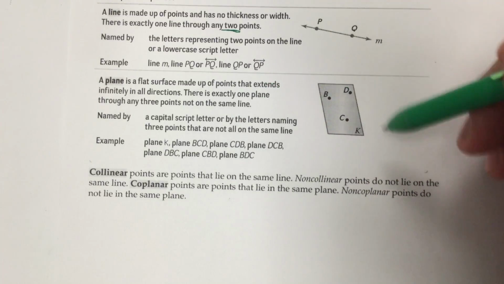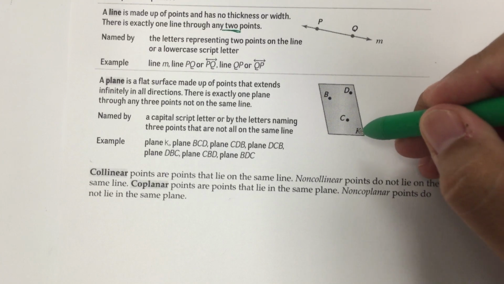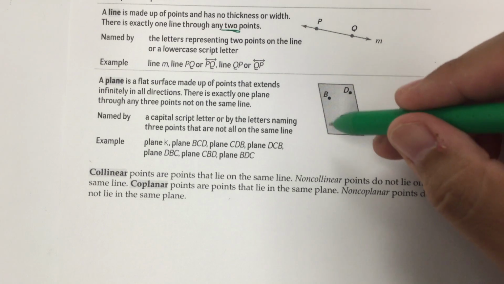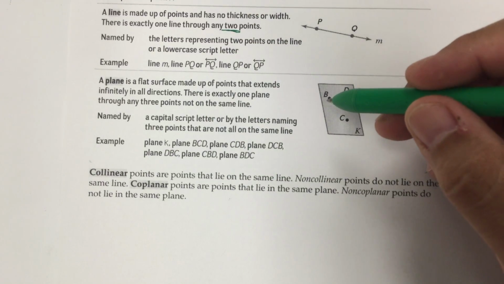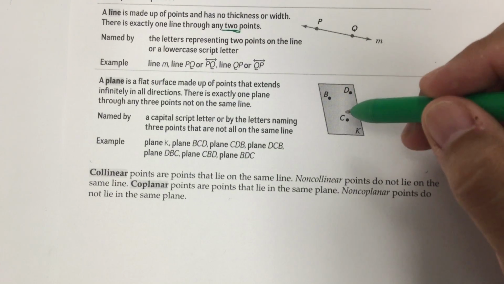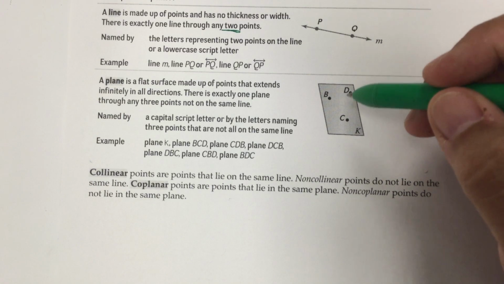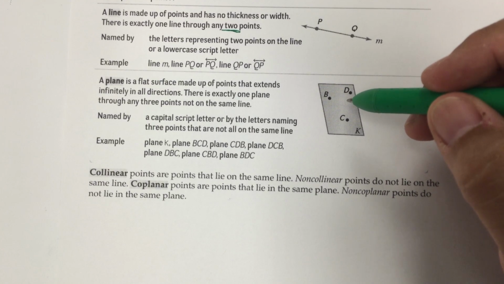So a plane can be named several different ways. You have another capital letter that's usually in the corners, and we can call this whole thing plane K, which is described right here. Then it depends how you want to letter this. This plane will have several different names. With this being said, all 3 letters need to be capitalized, and you need to use the word plane.